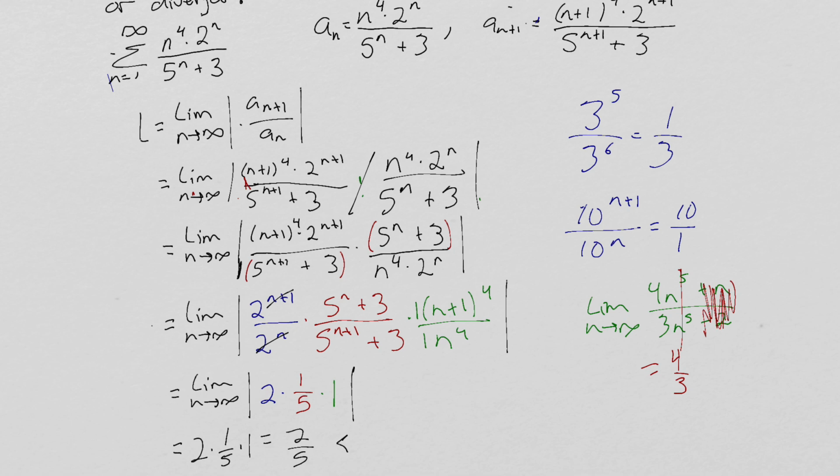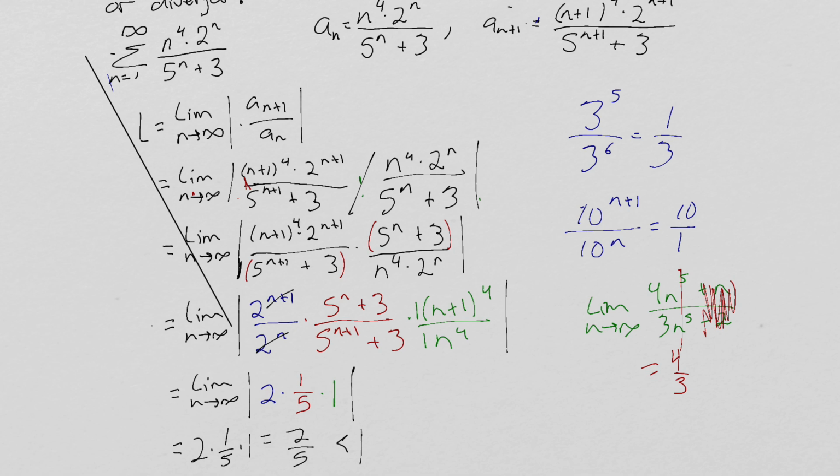My ratio test says that if the limit is less than 1, then this thing converges. If I get a limit bigger than 1, then it diverges. And this is 2/5. It's less than 1. So I just write less than 1, like that.